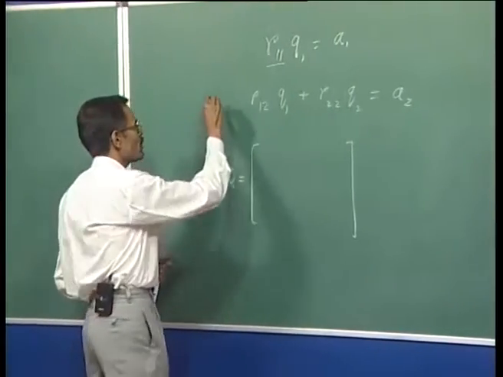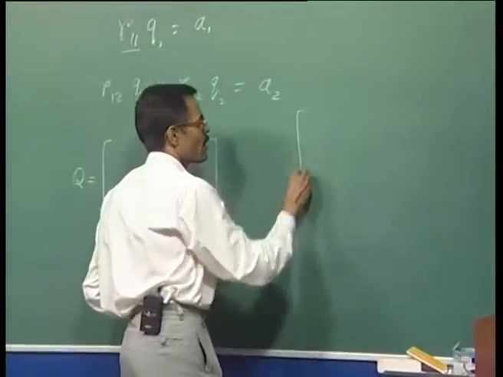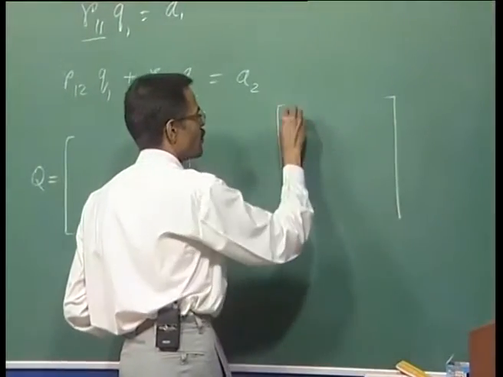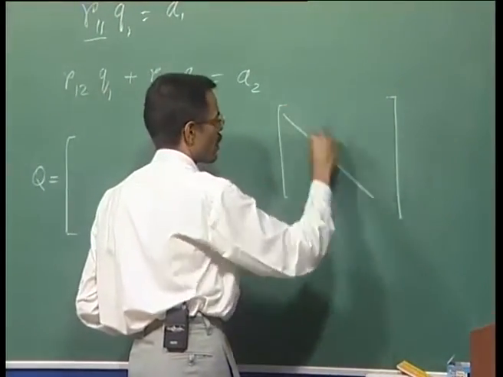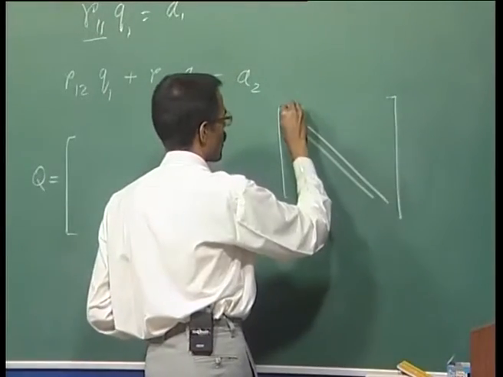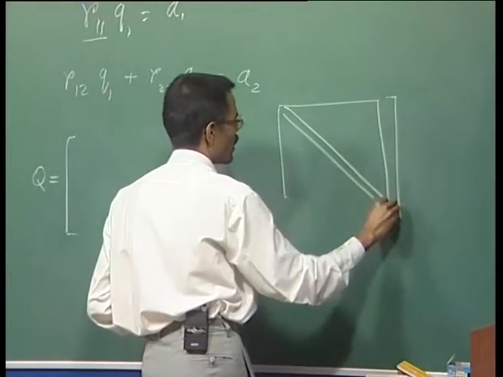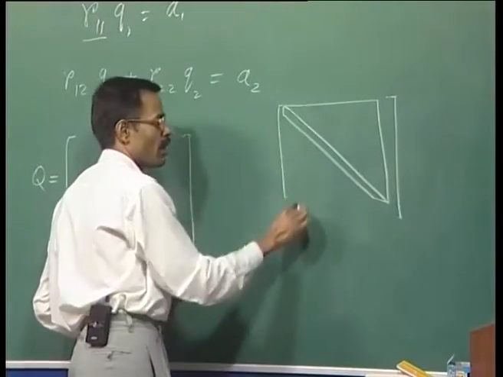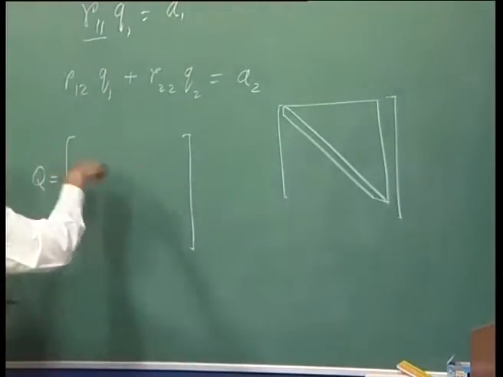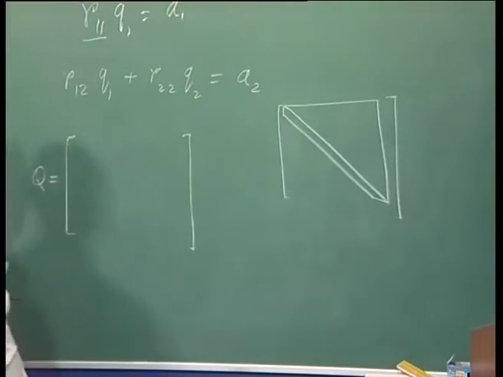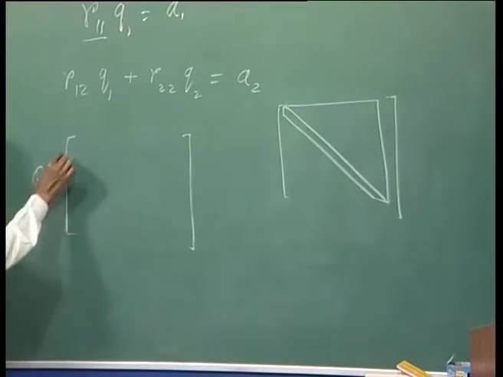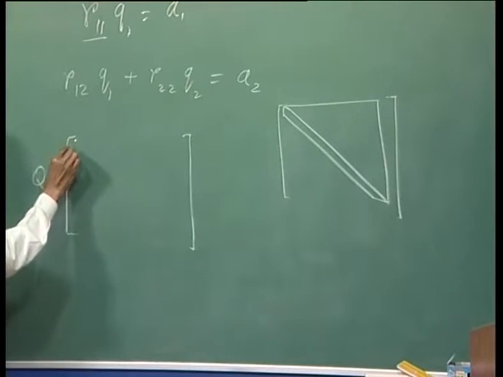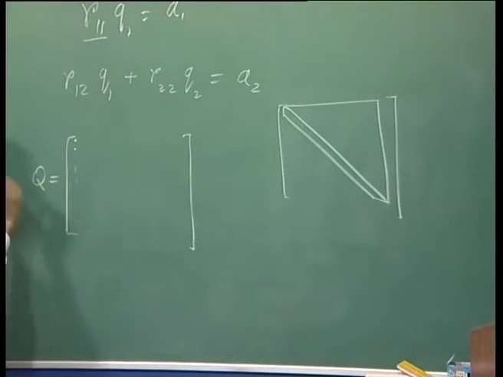Now, if the original matrix A is in upper Hessenberg form, that means the first column of the matrix A has only the top two terms, then the first column of Q also will have only top two terms, below that everything else is 0.